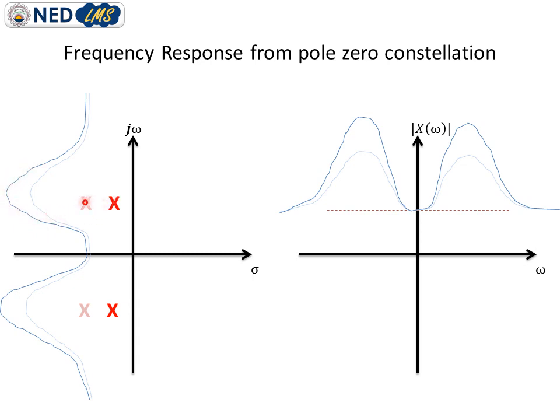But if a zero was there and zero is moved to this new position, then actually the attenuation becomes sharper. So this is actually the effect of moving pole and zero away from the y-axis.